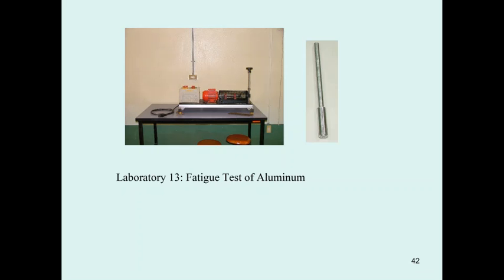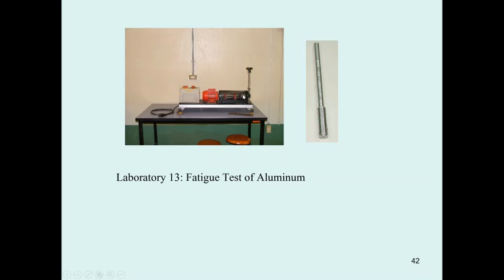And this one is a fatigue testing machine. This machine has a motor here, and it has a shaft here linked to this portion to give the specimen support. When you rotate this, it is going to push the specimen up. So the bottom of the specimen is going to be in tension, and the top is going to be in compression.